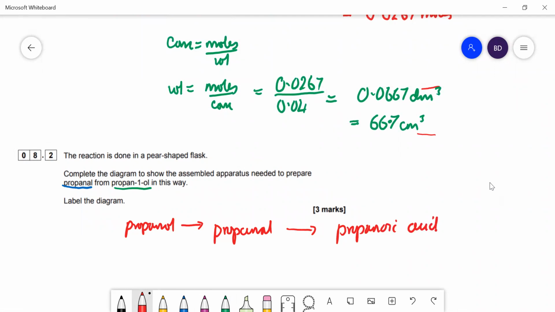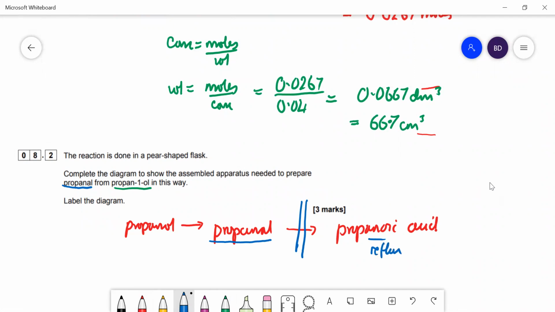We want to stop it at the aldehyde there. So what we've got to do is get the product away from the oxidizing agent. So we need to distill it off.